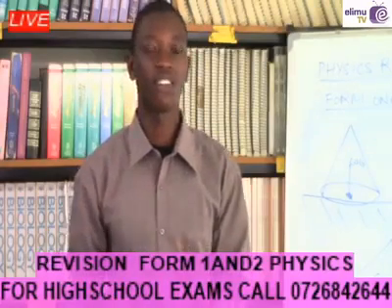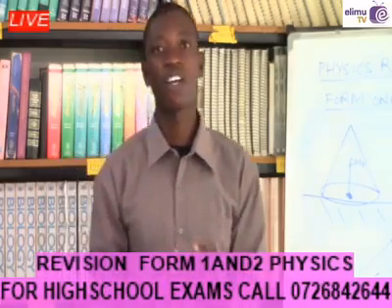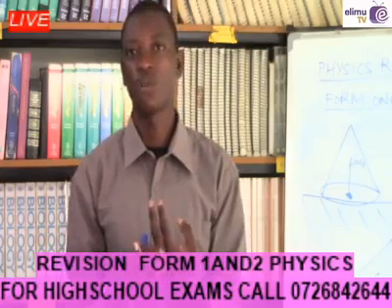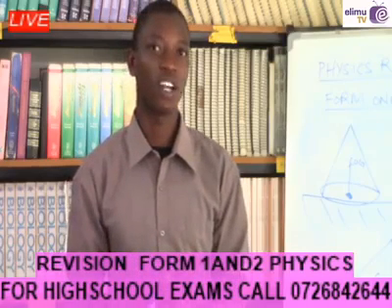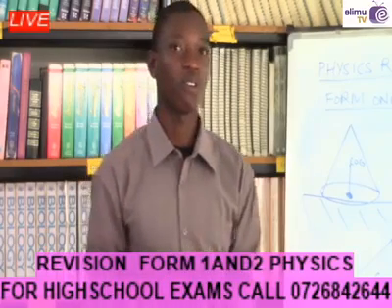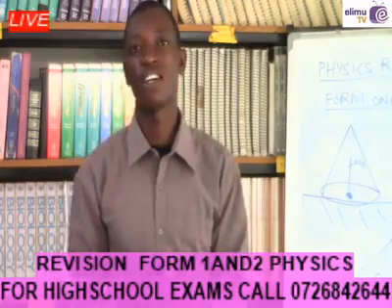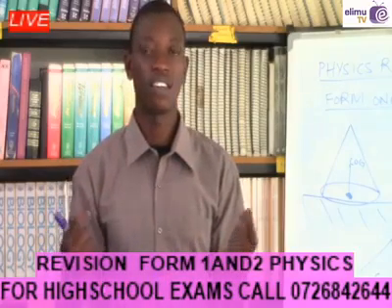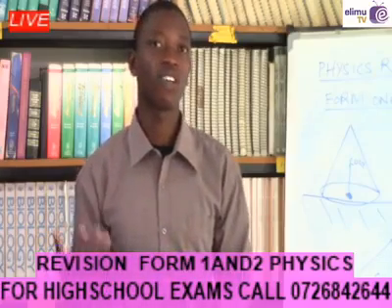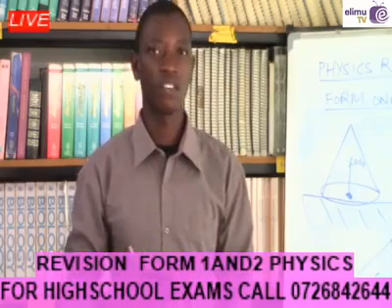Some of the questions that have been asked on our KCSE setups are questions like, explain why an overloaded lorry is likely to topple when negotiating a corner. So when a lorry is overloaded, it means the center of gravity of that lorry is going to be raised. We are going to raise the center of gravity, meaning that the area of the base is going to be smaller.